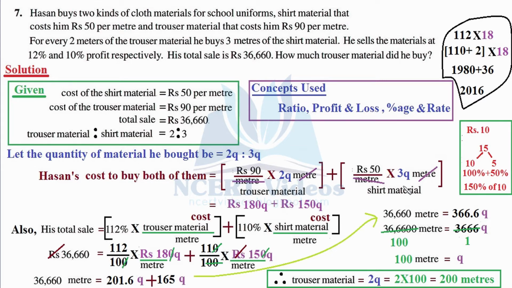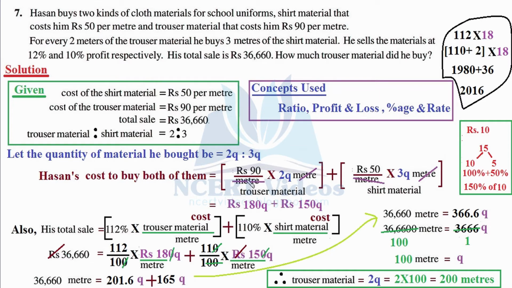So for shirt material, its rate is rupees 50 per meter. Therefore, we wrote rupees 50 per meter multiplied with the quantity we have assumed as 3Q, so we wrote 3Q meter. That's why we write the given portion, so that we can refer to it as needed. That is, we do not have to read the statement again and again. This is the only purpose of writing the given portion. So with this, we can solve it.